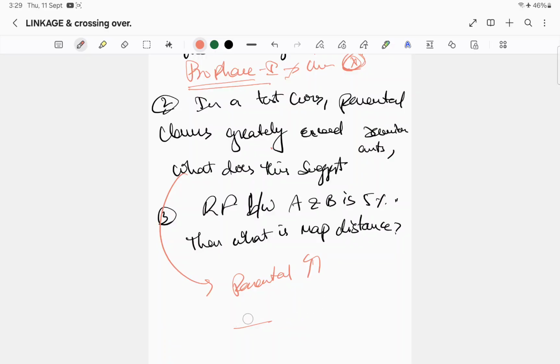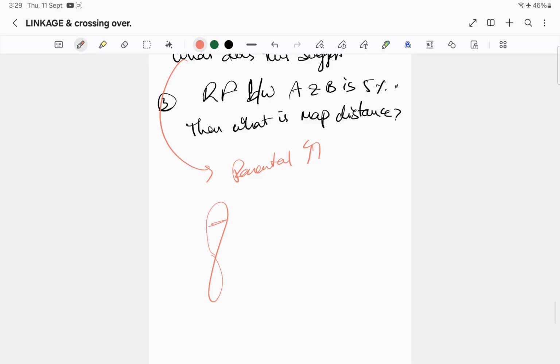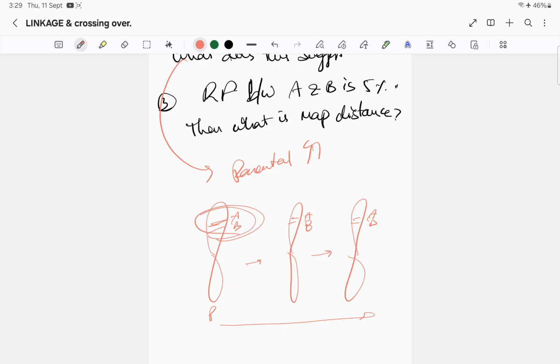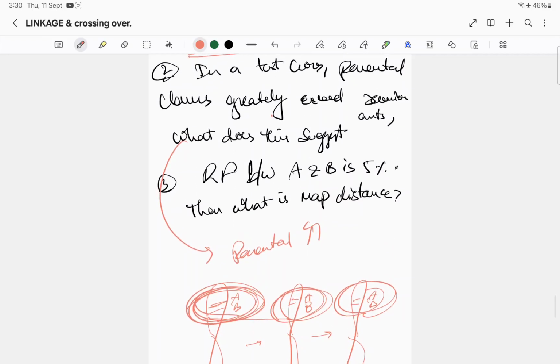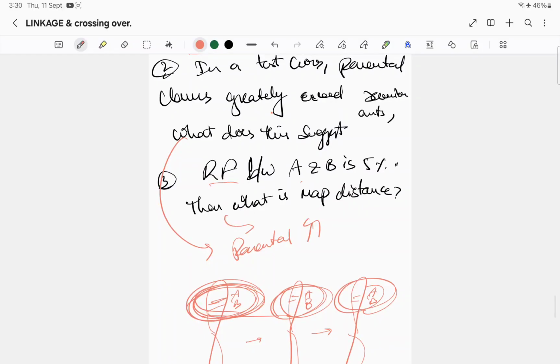For example, AB in the parent, in F1 also AB is present at the same place, in F2 also AB is present at the same place, right? It means linkage is present between these two, and there is no or very little crossing over between the two genes.